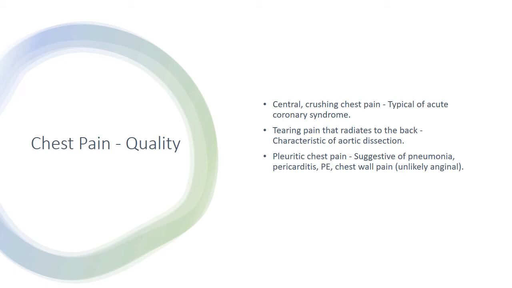In fact, in comparison to men, women are more likely to not experience the chest pain as typically and be more likely to complain of some of the other symptoms like jaw pain or breathlessness when they're suffering from myocardial infarction. A tearing pain that radiates into the back might be characteristic of aortic dissection.